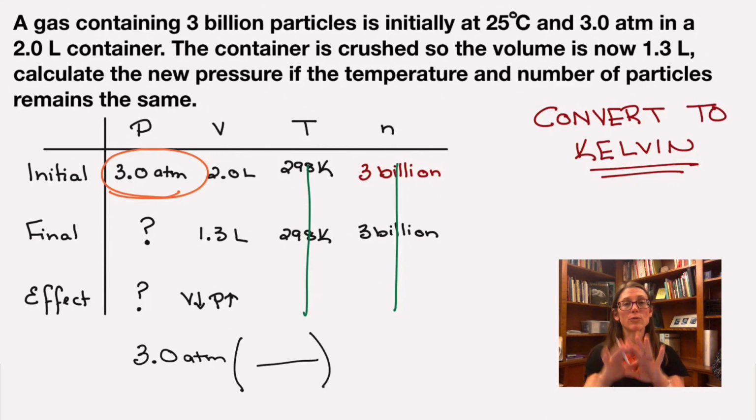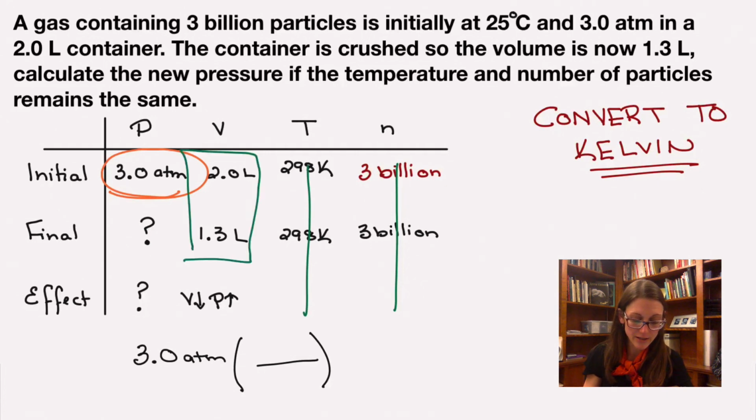Next to it, I want you to write parentheses with a fraction line in the middle, because we are going to make a multiplication factor. And this is where we're going to use the numbers for volume. But we need to arrange those numbers for volume in that multiplication factor so the final answer is bigger, because when the volume goes down, the pressure goes up.